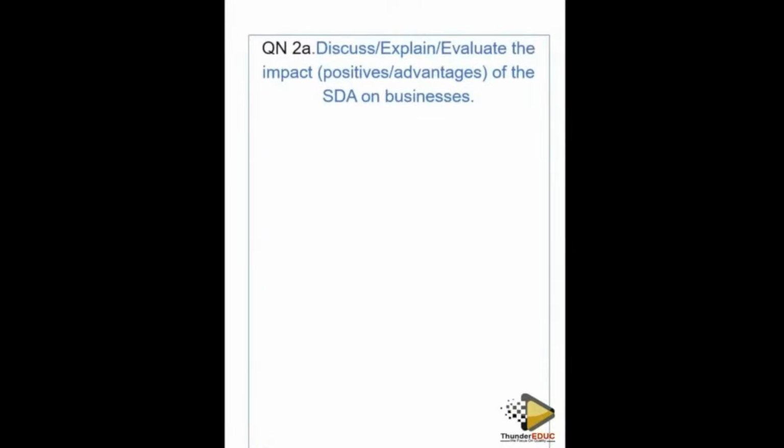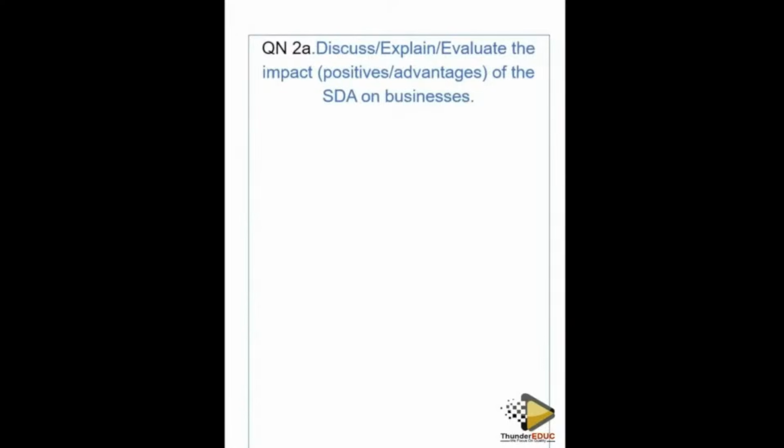Remember the major aim of operating a business is just to make profit. Other aims or objectives, yes, they just come as control variables, but the major aim is to make profit. So now we are going to check if this Skill Development Act really helped businesses to succeed, meaning really helped businesses to attain or collect more profits.